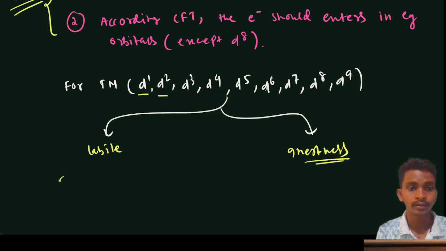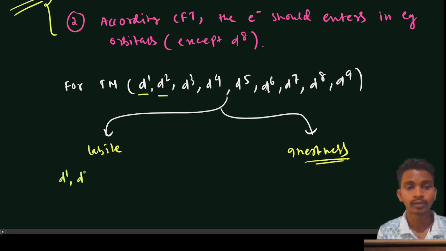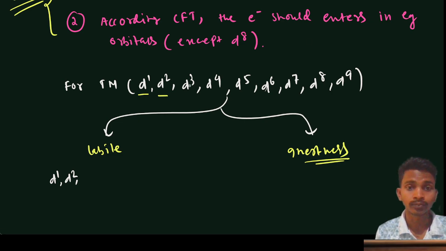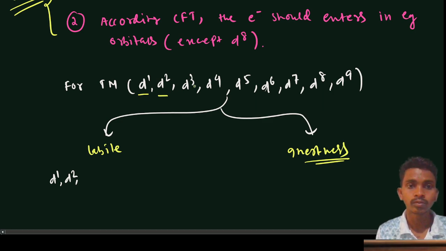So I will write here d1, d2, and that electrons should enter the eg orbitals. So for octahedral complexes I am writing this.